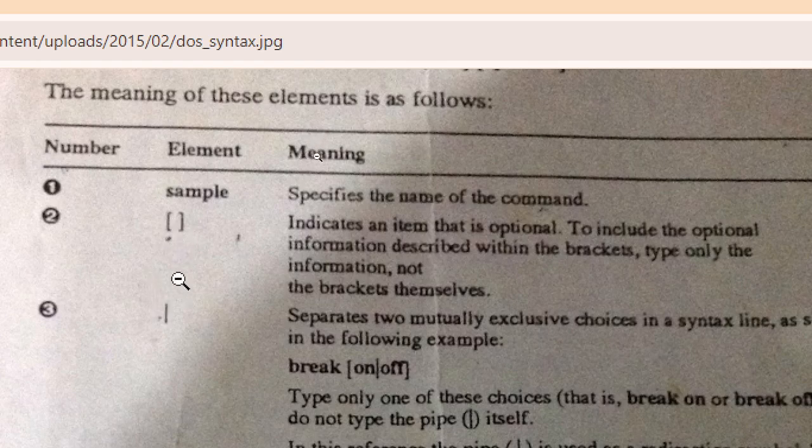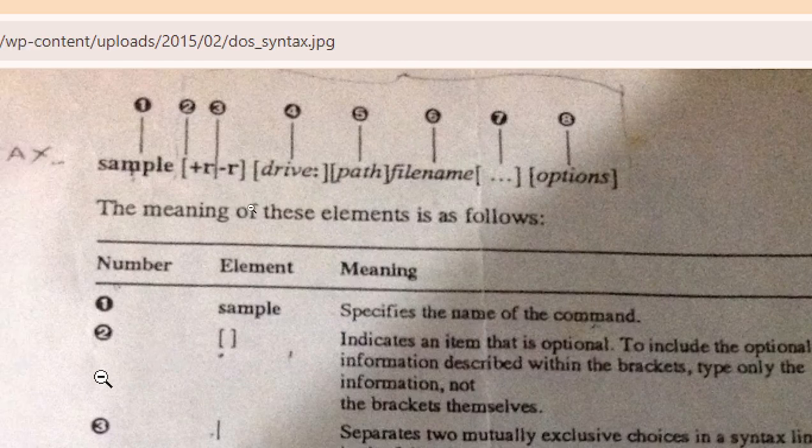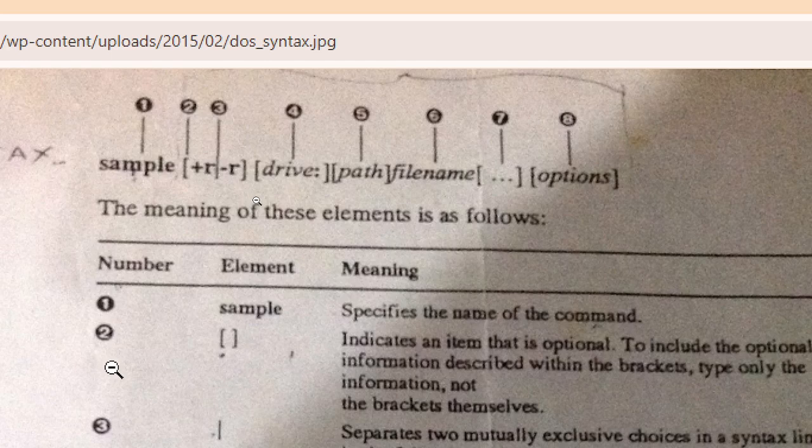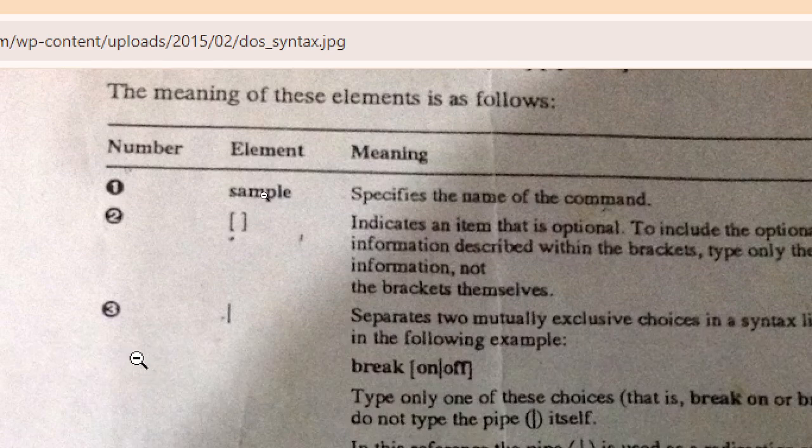From here, you have to memorize the bracket. Actually, almost only 3, 4, or 5, because this drive, path, and file name are the drive letters of the computer from A to Z. The path is the backslash, and the file name is the file name on your hard disk. You will enjoy it.